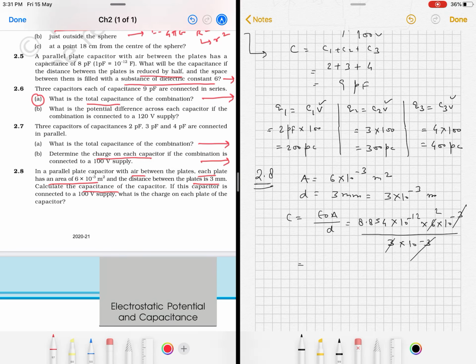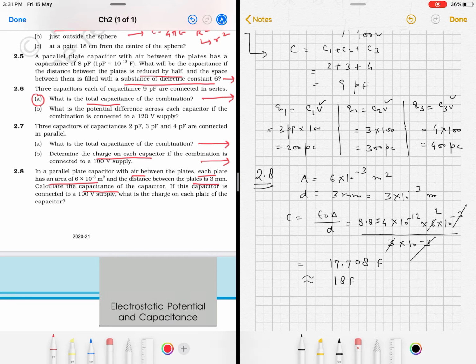So it is 2, 2 4 is 8, 2 5 is 10, 16, 17. So it is 17.708 farad, or approximately equal to 18 farad.